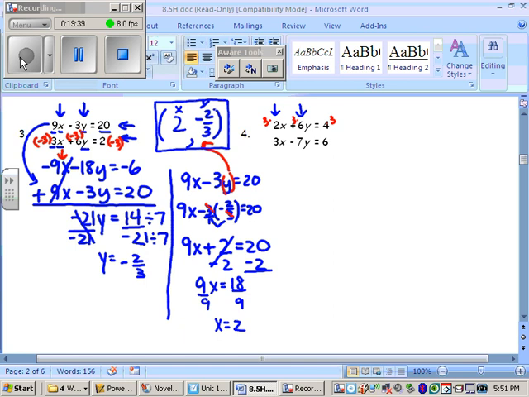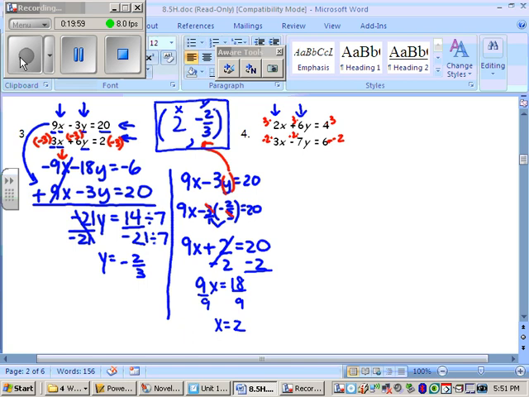For the second equation, I want to make the coefficient of x a negative 6, so that we have a 6 and a negative 6. So to do this, I need to multiply it by negative 2. So I will do that to all of the terms. So I'm going to be changing both equations.